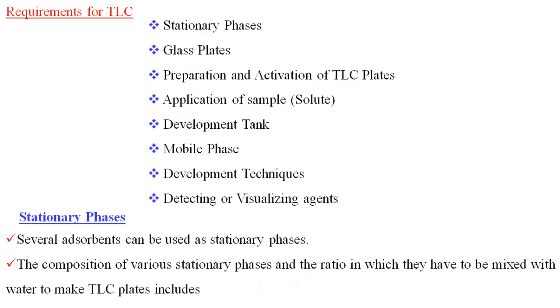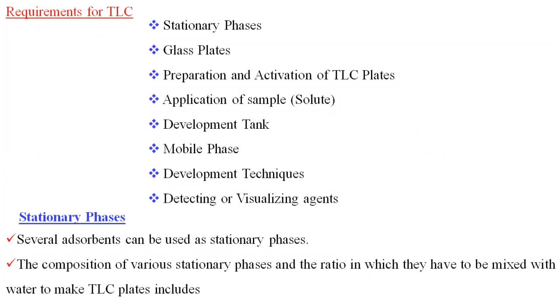So here are the requirements for TLC. To perform any experiment using TLC, we should have the following requirements. One is the stationary phase, second is the glass plate, and preparation and activation of TLC plates, application of sample, development tanks or development chambers, mobile phase, development techniques, and detection and visualizing agents.